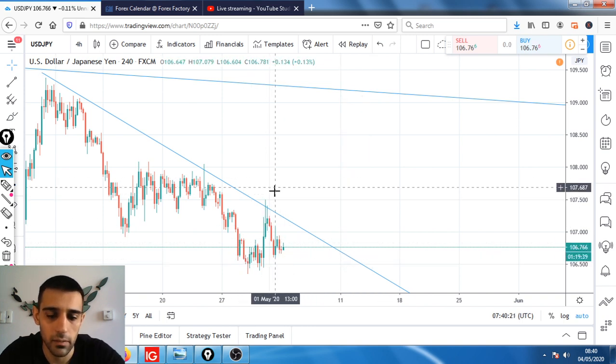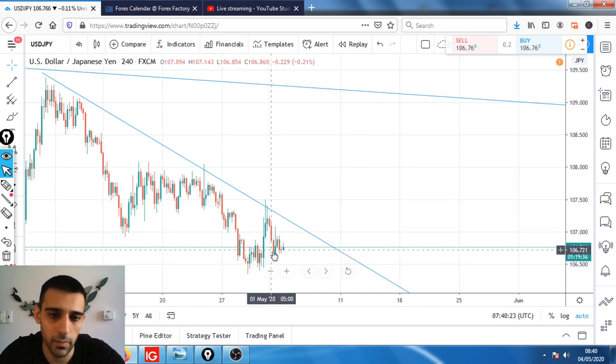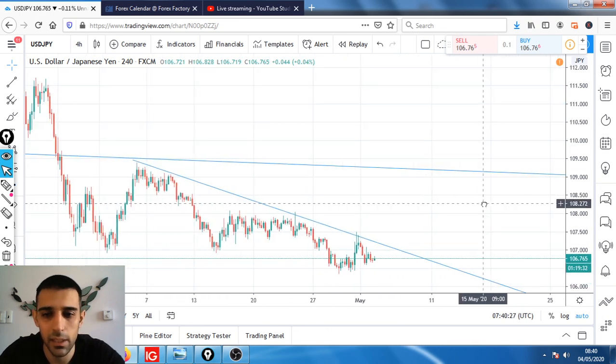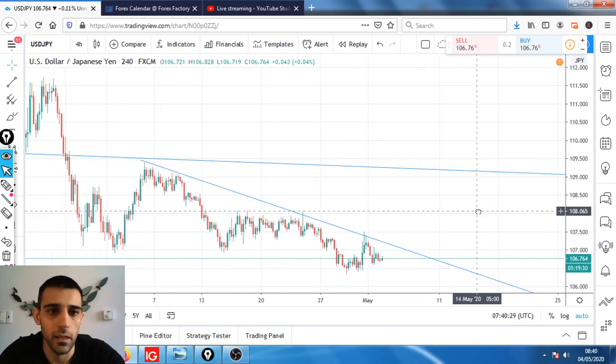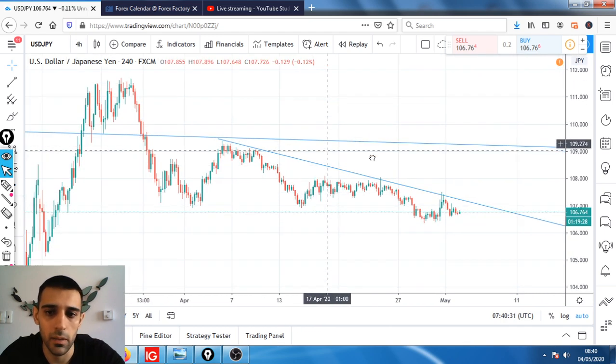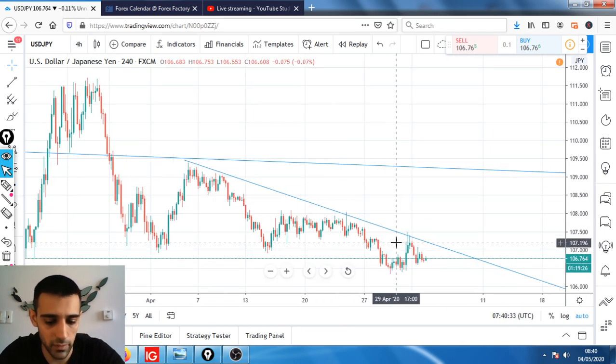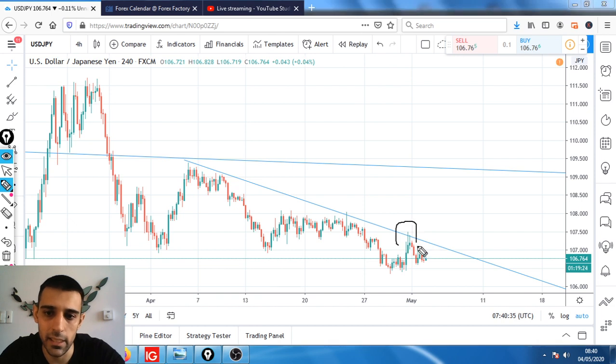Okay, so we have this on the 4-hour time frame. The price came up, went back up again, and now it's coming down again. Let's go to the 1-hourly time frame. This is just a reflection of the daily time frame. Sometimes the daily can say one thing and the shorter time frames another.